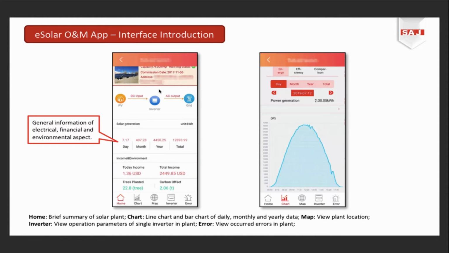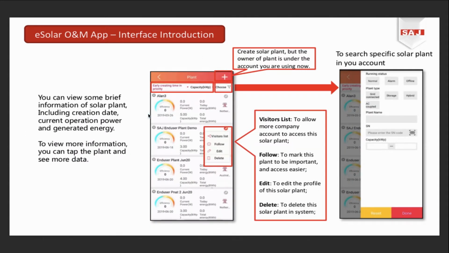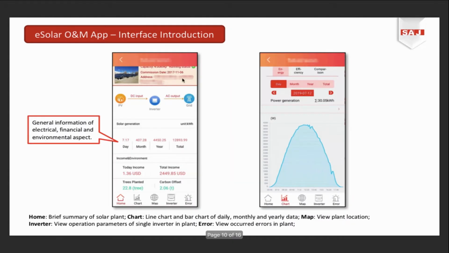Then if you tap into the plant, I mean if you tap here, you can go to this interface. The first interface has some general information on the electrical, financial and environmental aspects.